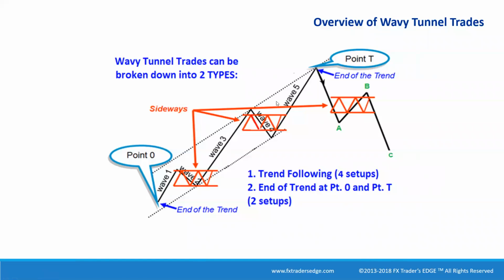Then we have our breakout 3 trades, which are buying along the wave 3 slope. So you continually buy every time the market retraces, bounces off the wave. That's our breakout 3 trade. Our breakout 4 trade is after we have a nice wave 4 correction, we buy for the wave 5. And then we have our end of trend trades.